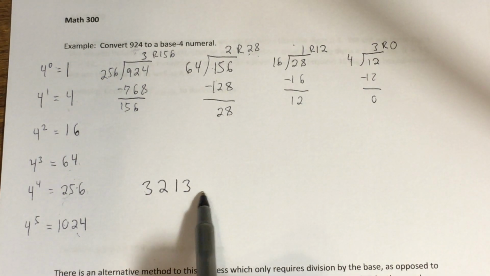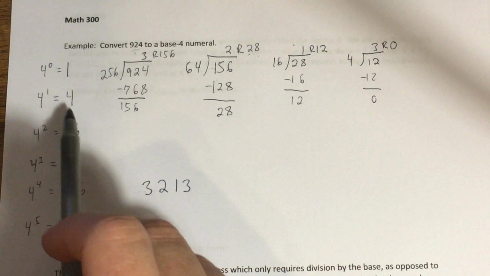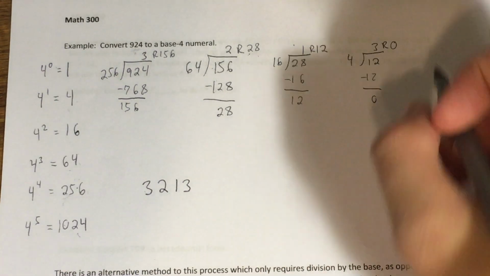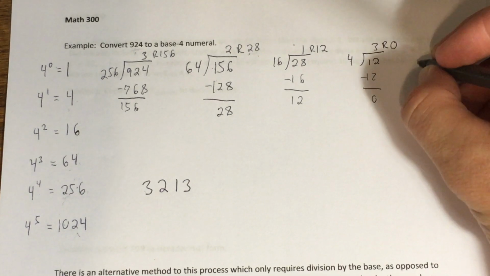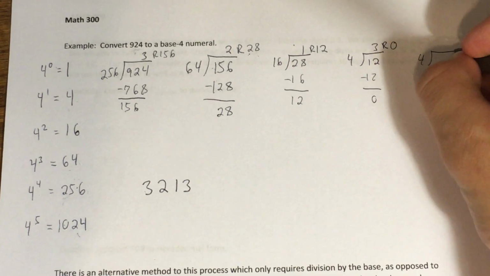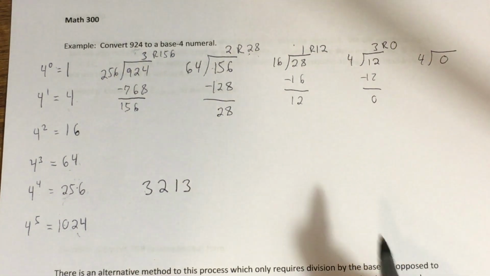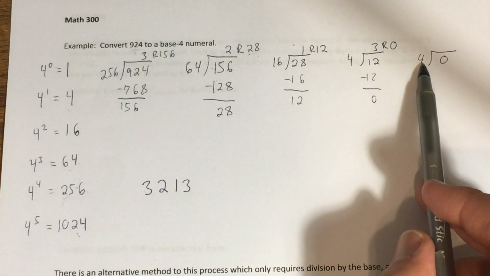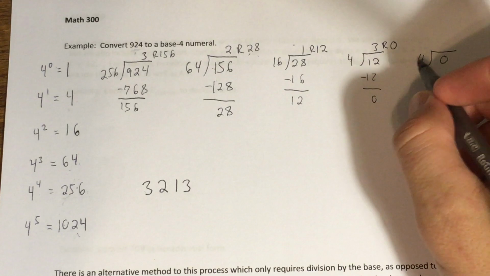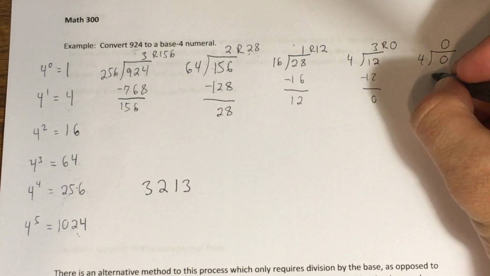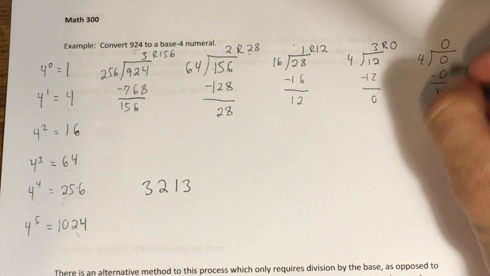Finally, I still need a place for my 1's. I haven't reached the top of this list yet, and that's where this remainder gets used. I'm going to divide 4 into 0. You can divide 0 by a non-zero number; you can't do it the other way around. So this is okay. 4 goes into 0 0 times and leaves a remainder of 0.